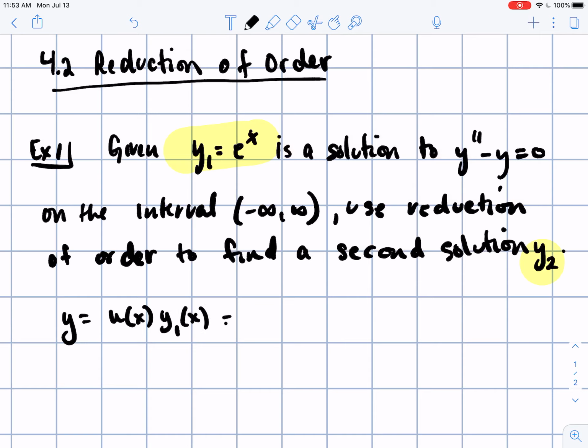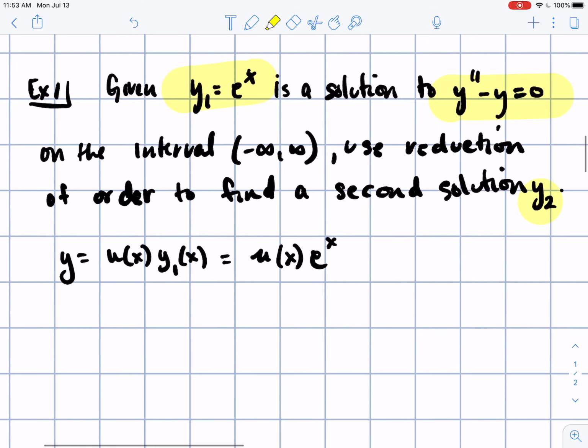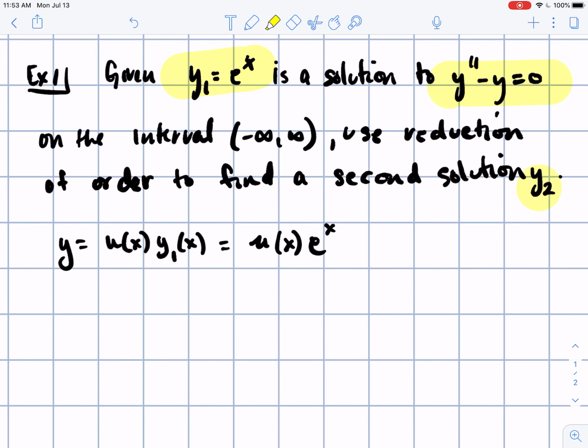So what you would have is y1 equal to e to the x this way. Okay. So if you notice our differential here, I want to use that as well to find what u of x would equal. So what we want to do is get to the second derivative. So here you would have a product rule. So you have u of x e to the x plus u prime of x e to the x.